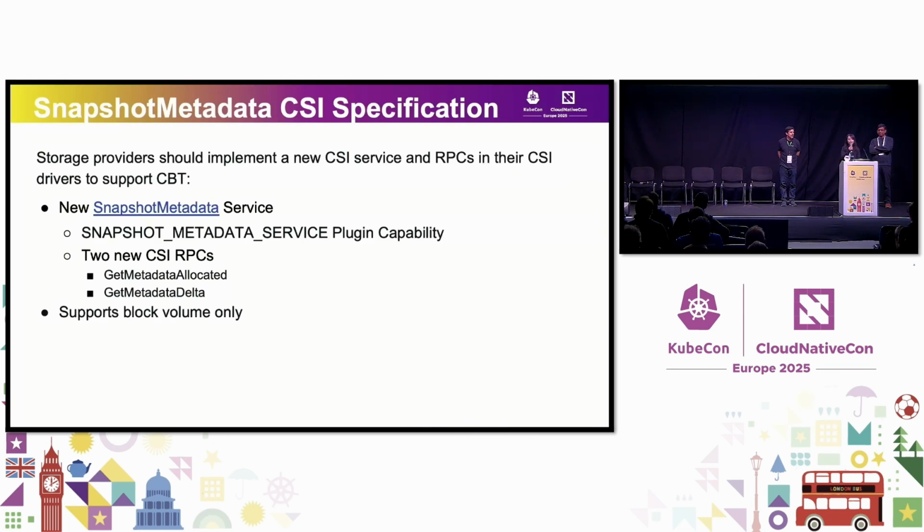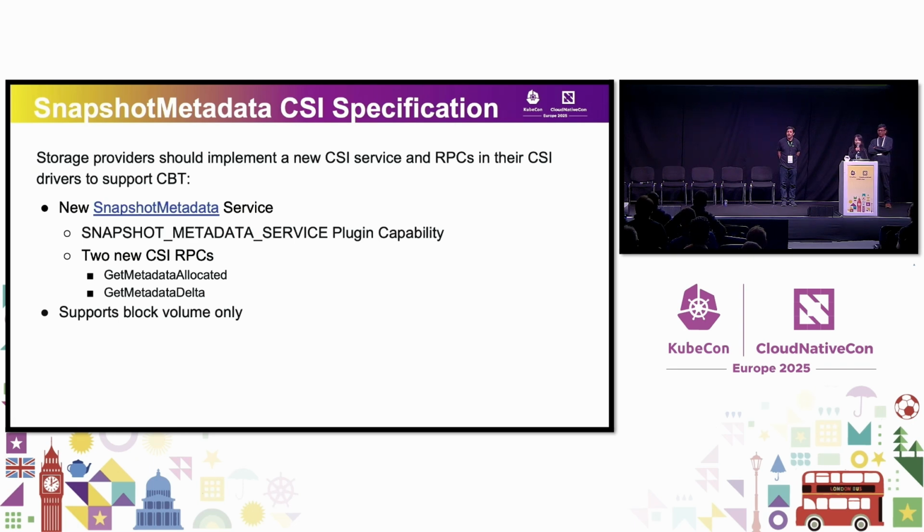So to support CBT in Kubernetes and in CSI, we added a new snapshot metadata service in the CSI spec. We also added 2 new CSI RPCs. GetMetadataAllocated retrieves the metadata of the allocated blocks for a single snapshot.